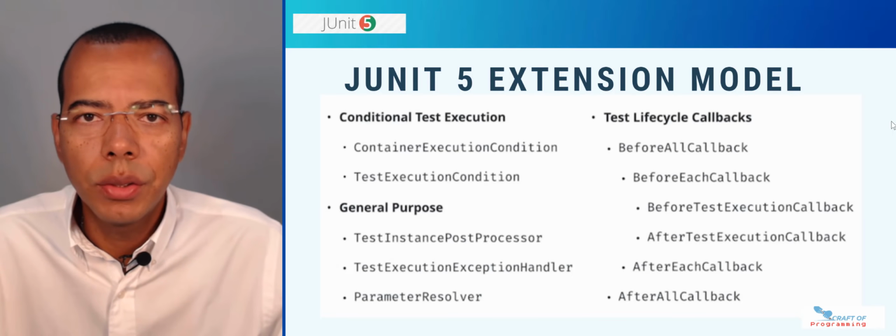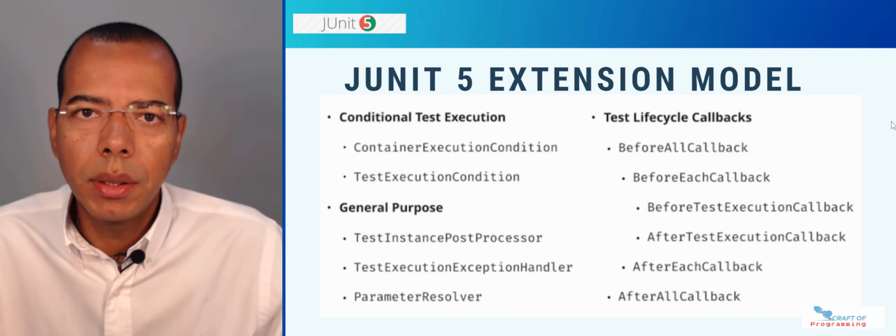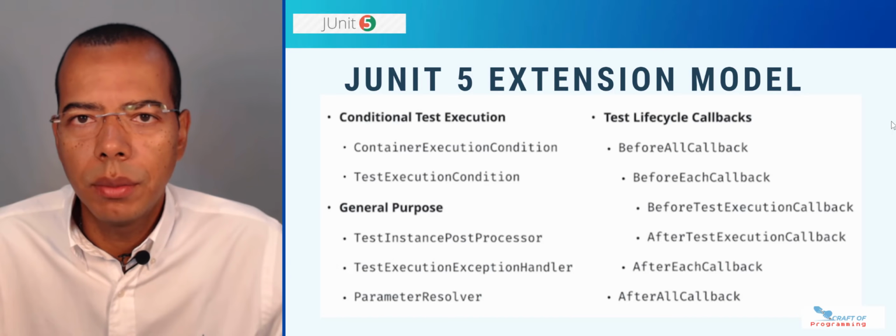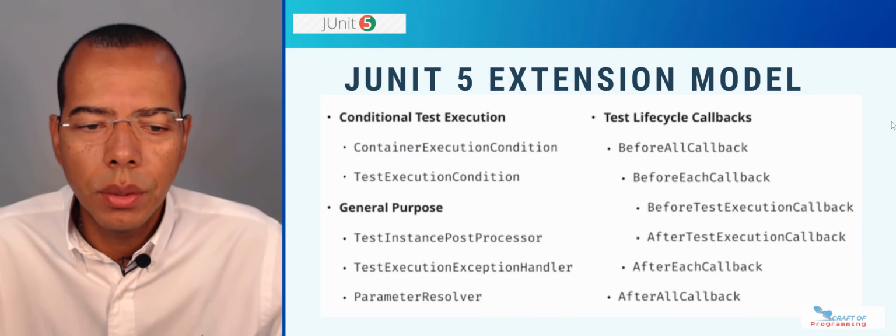So these are basically just interfaces that you would have to implement to customize the callback behavior. So the conditional test execution category is basically the ones that control whether or not a test runs, and container is basically the entire class, and test is a condition on whether or not you want a specific test to execute.